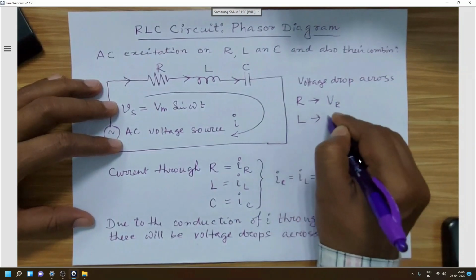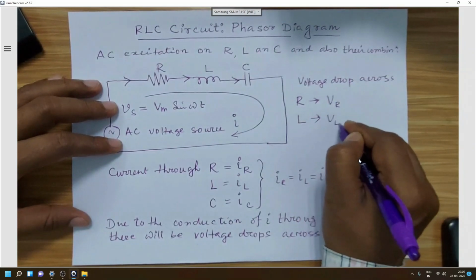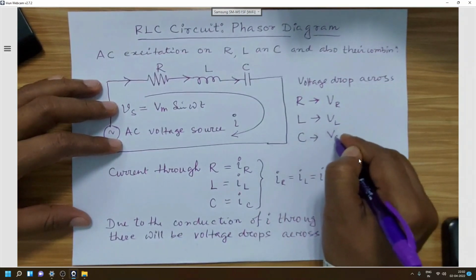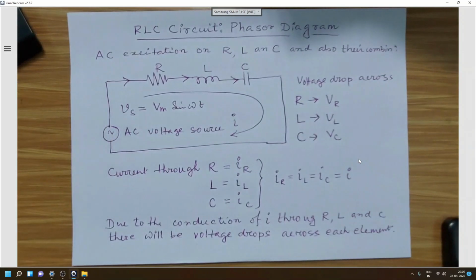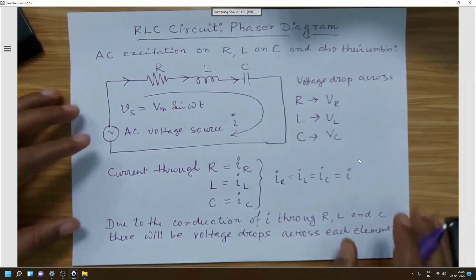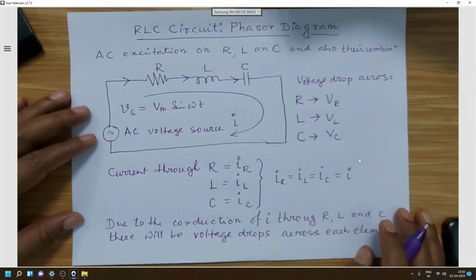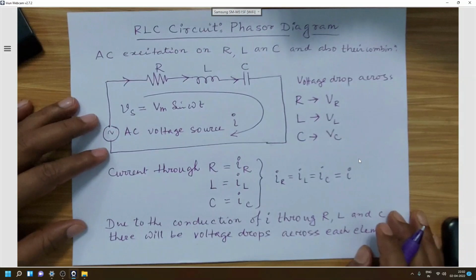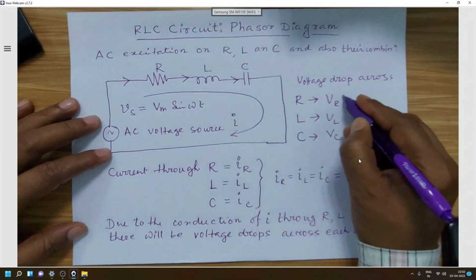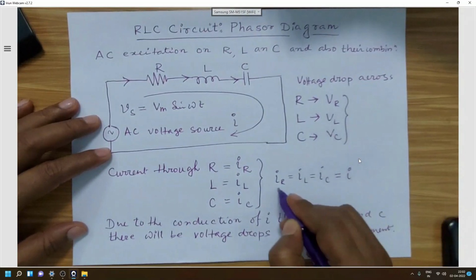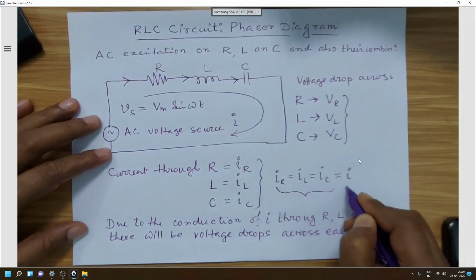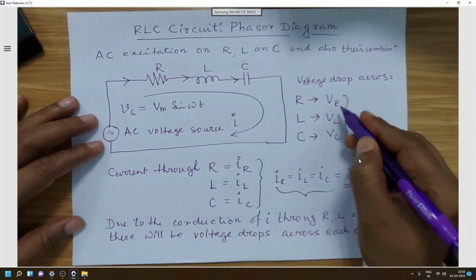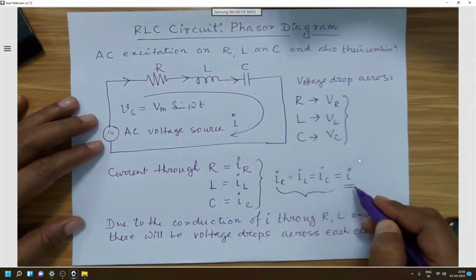For L, let us say it is VL, and let us call the voltage drop across C as VC. So the phasor diagram of RLC is nothing but the phasor diagram between these quantities, that is, the phase angle between VR, VL, VC and I.